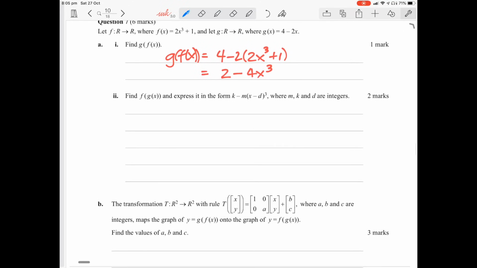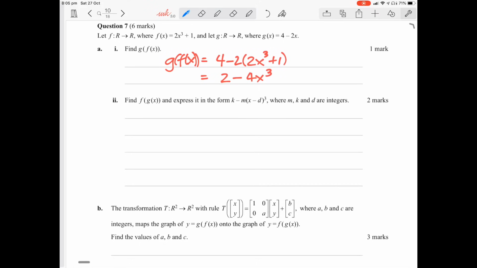Then f of g of x, and express it in the form f of g of x. So f of g of x is 2, 4 minus 2x cubed plus 1.